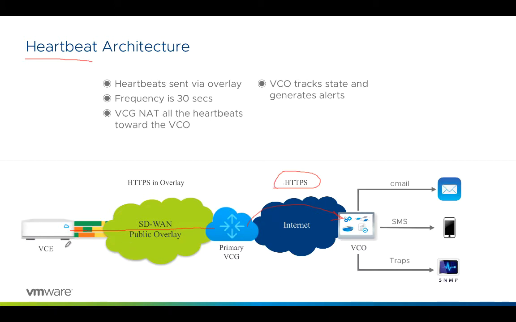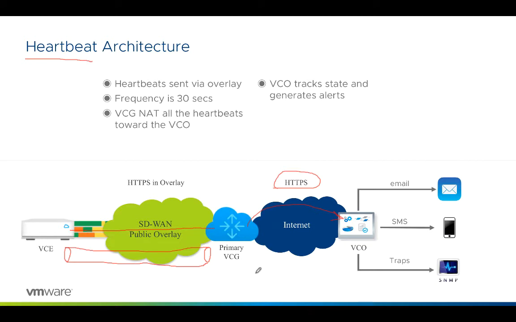Again, the overlay is built from the edge device to the gateway. From the gateway, the heartbeats are sent over HTTPS. In this heartbeat there is information related to the link stats, logs, and other things which the orchestrator needs to help find out what exactly the issues are.